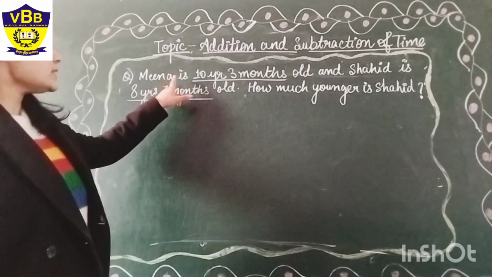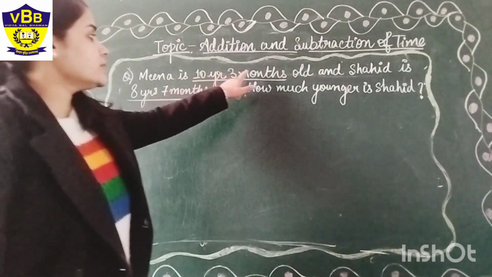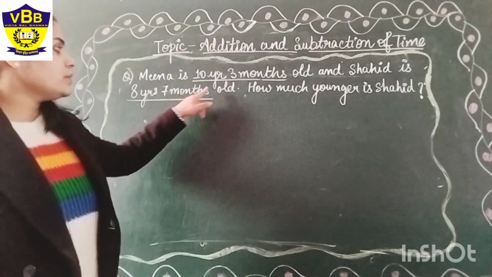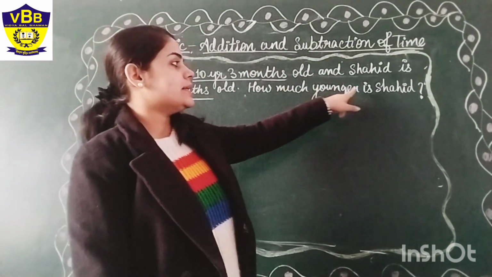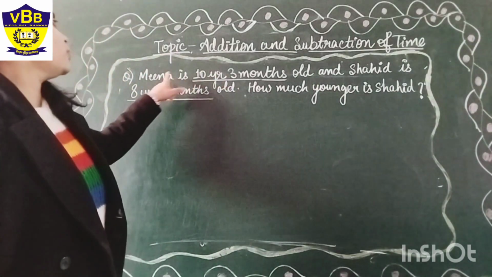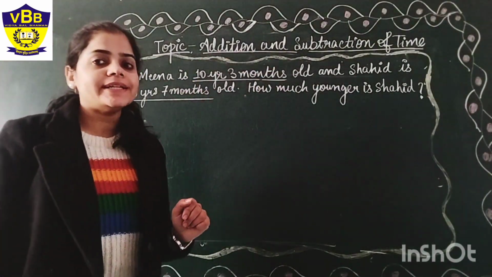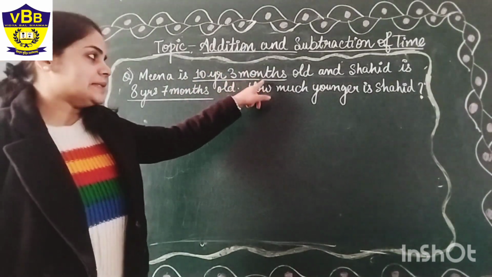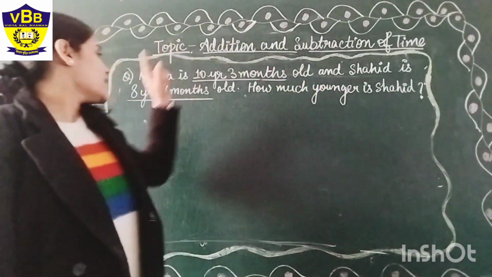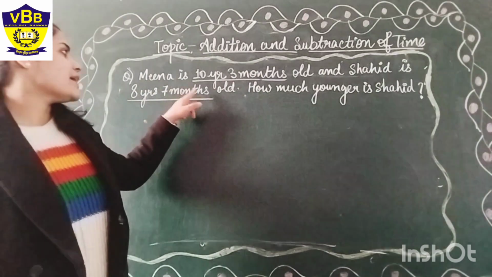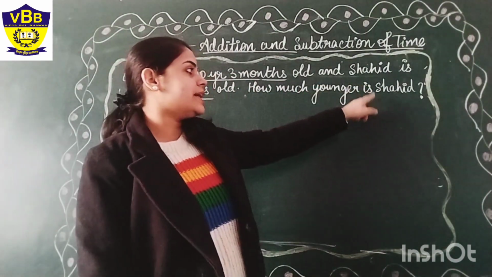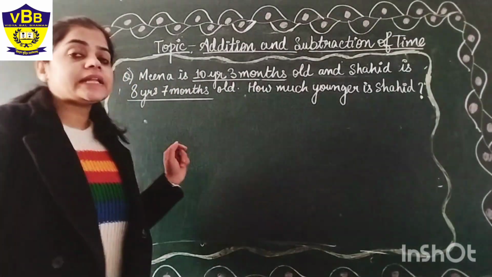Our question is, Meena is 10 years 3 months old and Shahid is 8 years 7 months old. How much younger is Shahid? Suppose both Meena and Shahid are brother and sister, and Meena's age is 10 years and 3 months and Shahid's age is 8 years and 7 months. Then they are asking how much younger is Shahid than Meena.